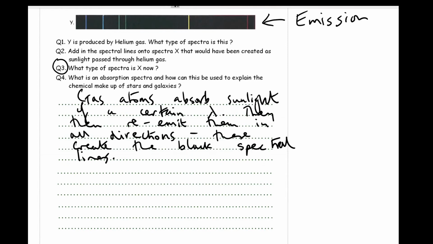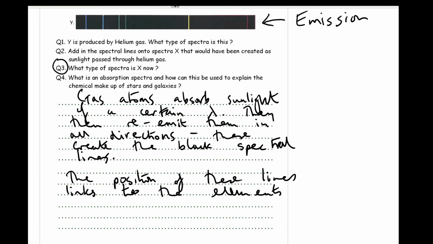Remember, the position of these lines links to the elements that make up stars and galaxies. So the spectral lines tell us what the elements that make up stars and galaxies actually are.